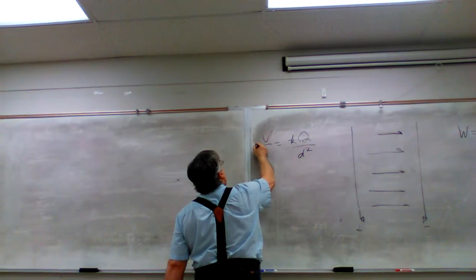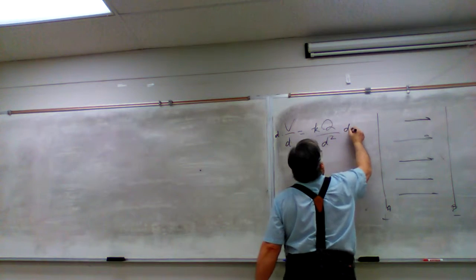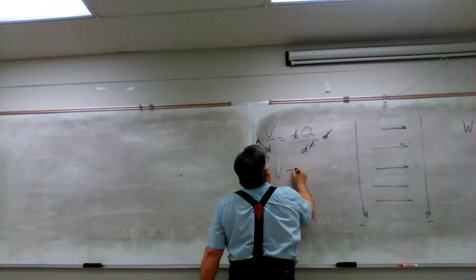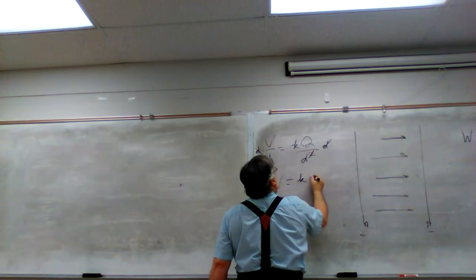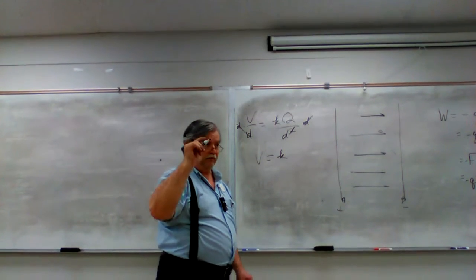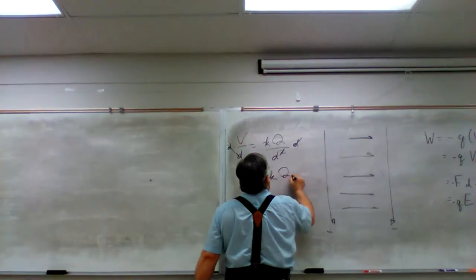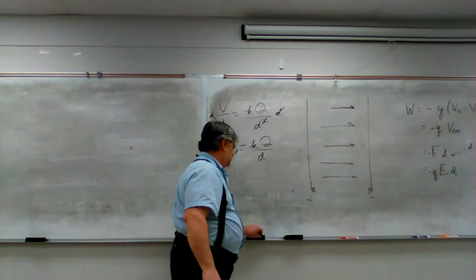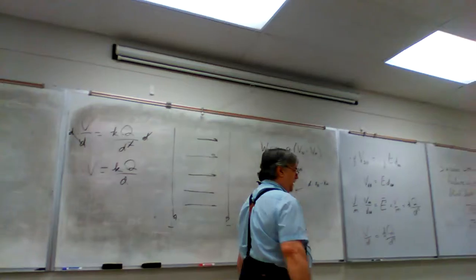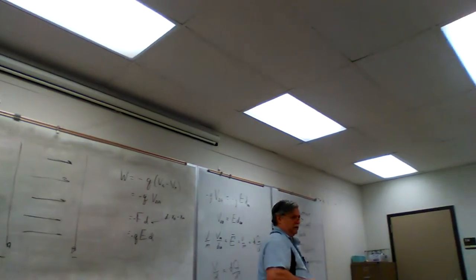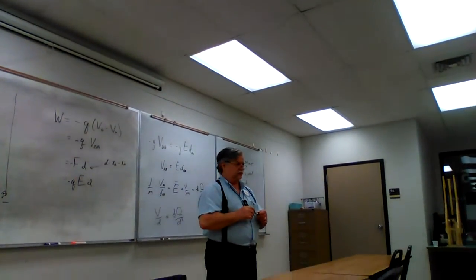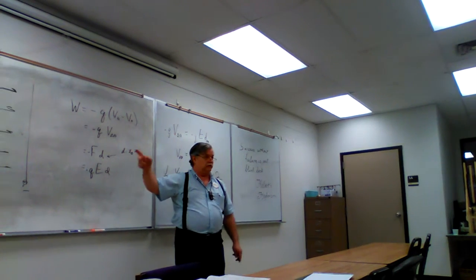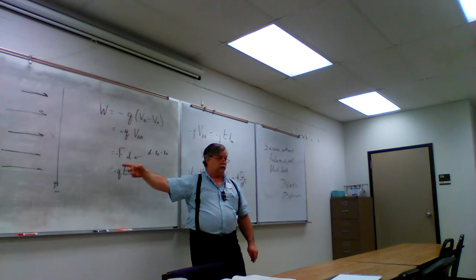We multiply both sides by D. We end up with voltage, the potential from a point charge, is equal to K times Q divided by distance. So where the E field varies as distance squared, the potential varies just inversely with distance, linearly.